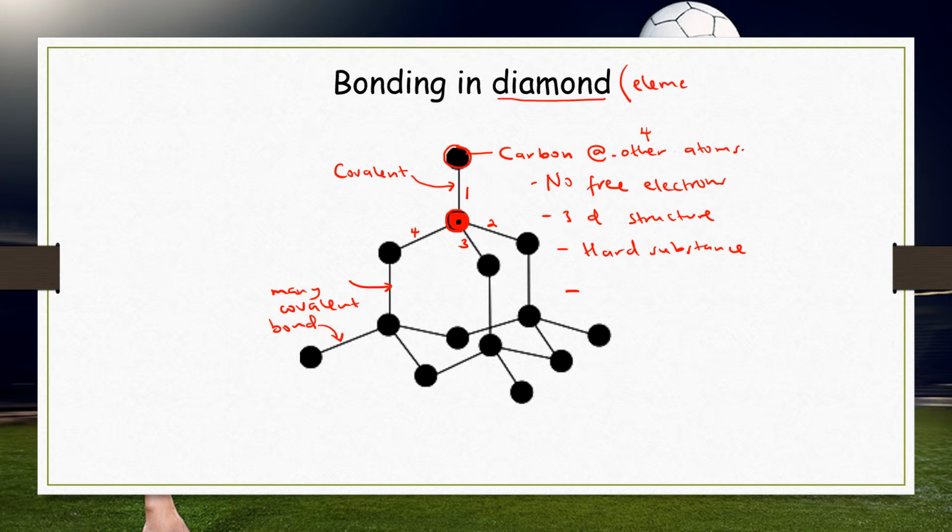We have only carbon atoms in diamond, and it has a very high melting point of about 4000 degrees Celsius. So because of these facts, diamond can be used in making cutting tools. Because it's hard, it can be used in making cutting tools.